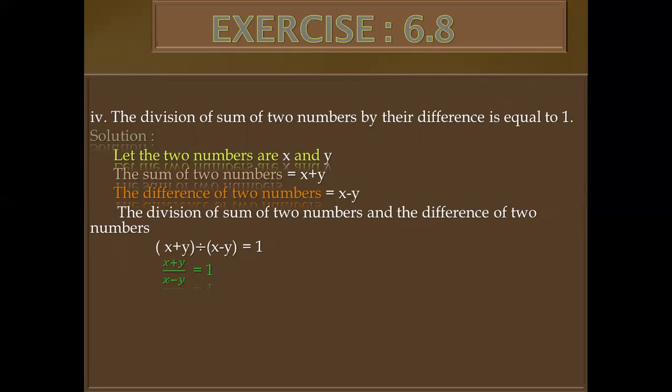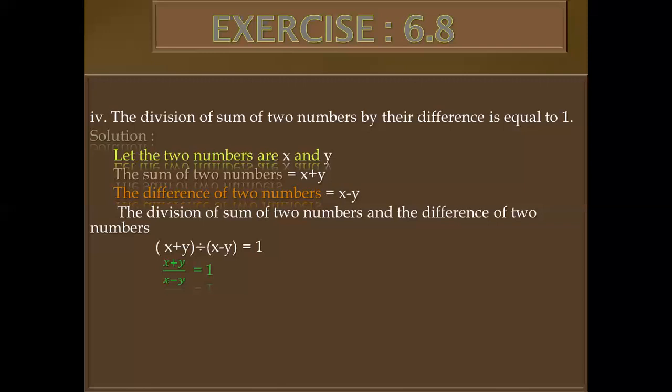We suppose two numbers x and y. The sum of two numbers is definitely x plus y. The difference of two numbers is x minus y. The division of the sum of two numbers and the difference of two numbers. In the question they mention "by their difference", so x minus y will be after the division sign and x plus y will be before the division sign, and the answer will equal 1.